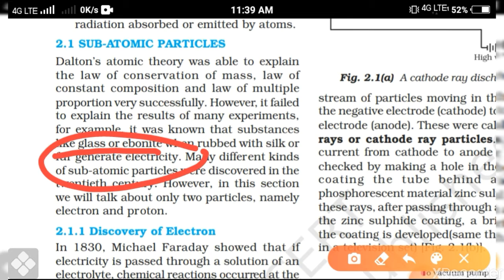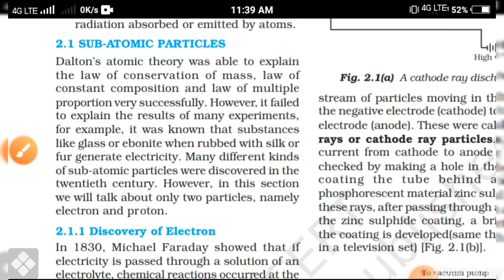Many kinds of subatomic particles were discovered in the 20th century. They create positive and negative charges after rubbing glass or ebonite with silk, and they attract each other after the rubbing.